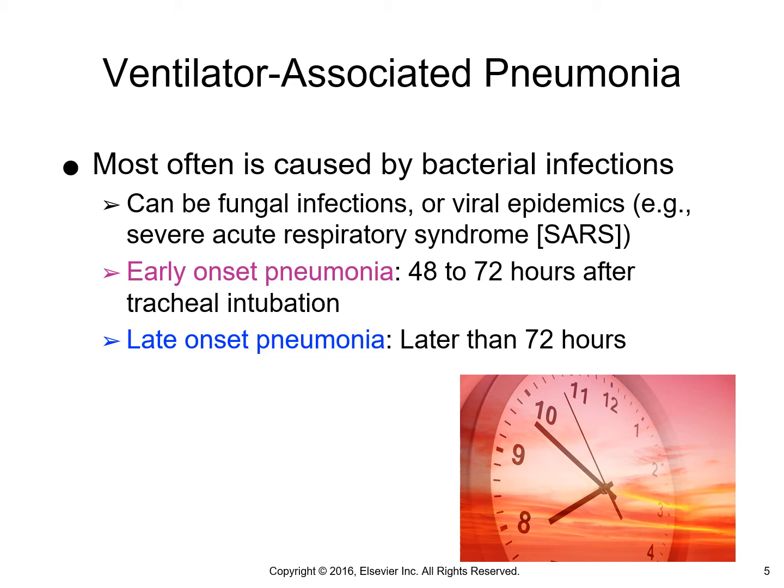And then late onset would be later than 72 hours. Keeping in mind that patients that develop late onset, so the ones that are greater than 72 hours, are more likely to be infected with multi-drug resistant pathogens. So MDRs, multi-drug resistant pathogens. Okay, so those are more likely to be in patients that have late onset pneumonia.